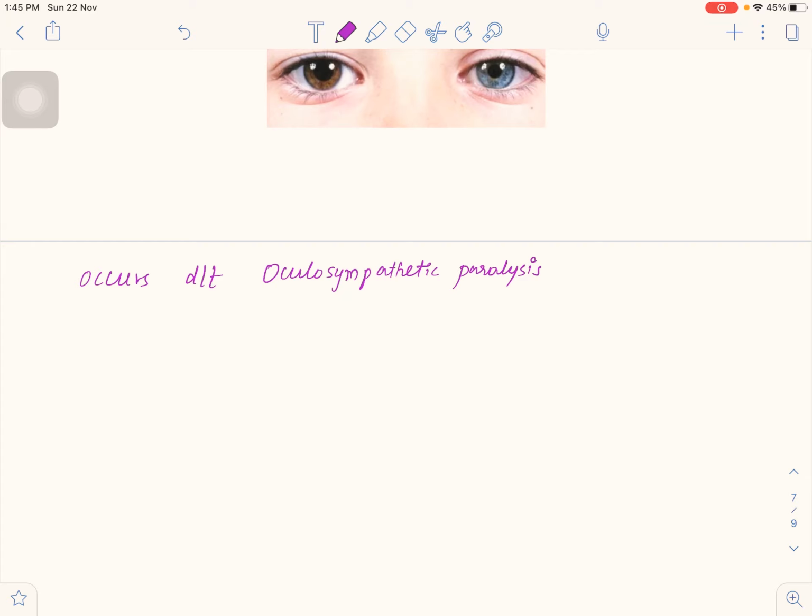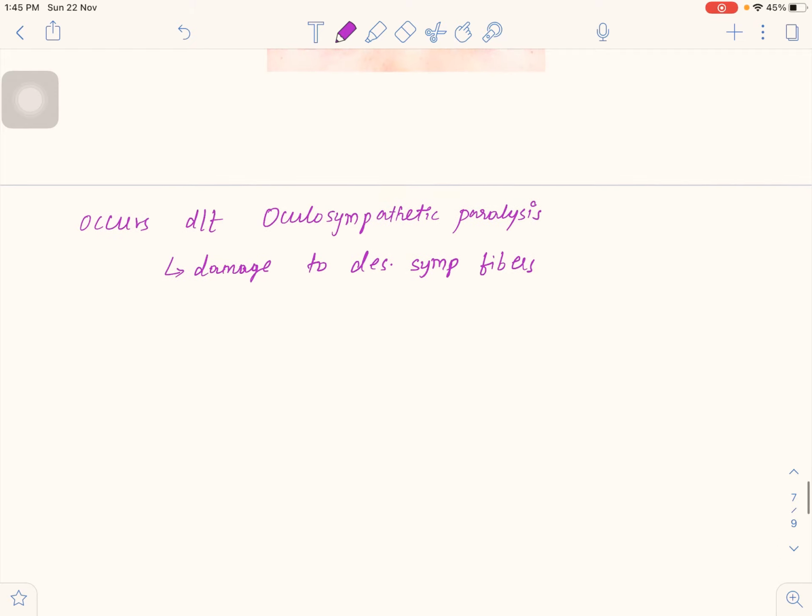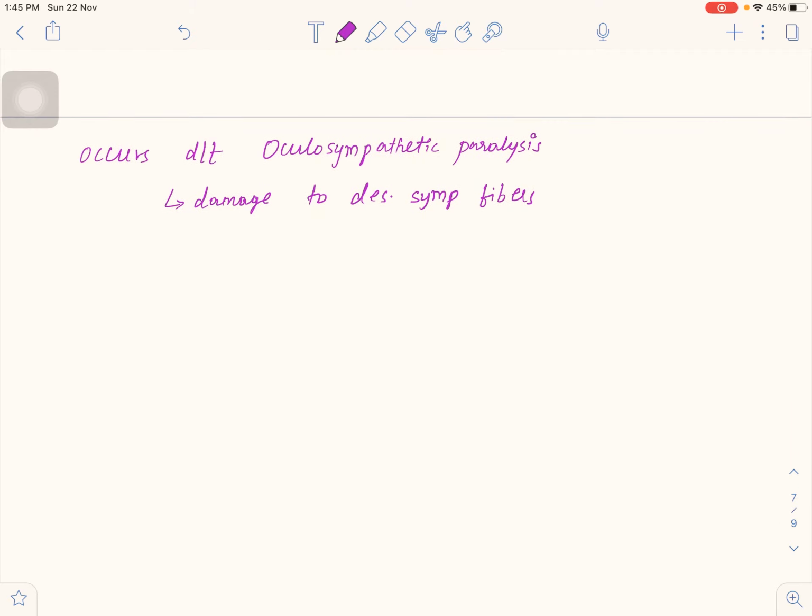In this, damage occurs to the descending sympathetic fibers. So it can occur anywhere in its path.